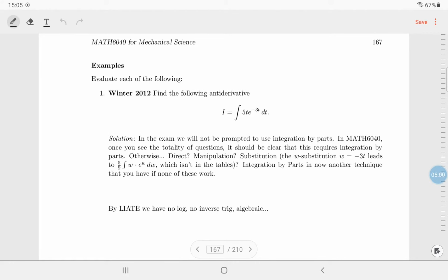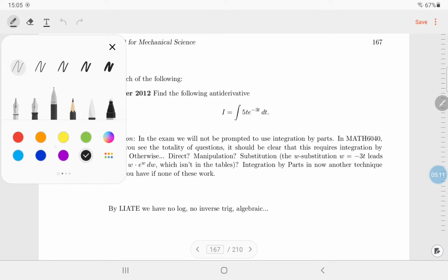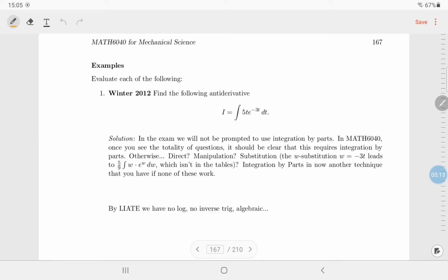So it's not going to say use integration by parts. We're going to go at this using our strategy. Our first thing is: is it in the tables? Now, first of all, there's a mistake that you can make, and I'm going to write something and then scribble it out. Anti-differentiation is not what you might call multiplicative.